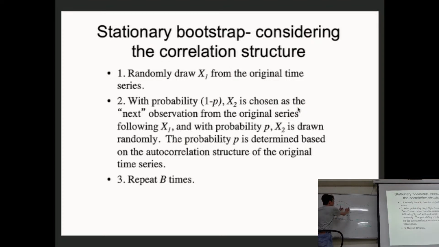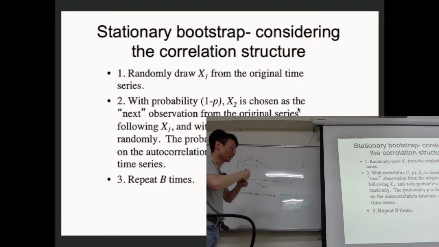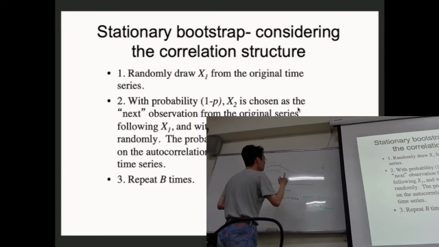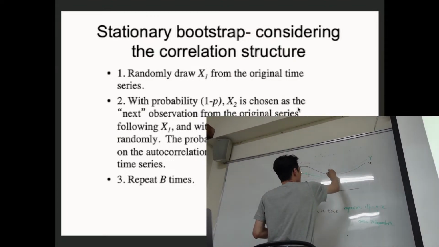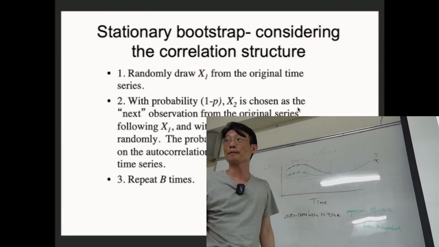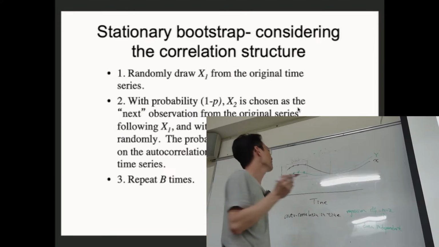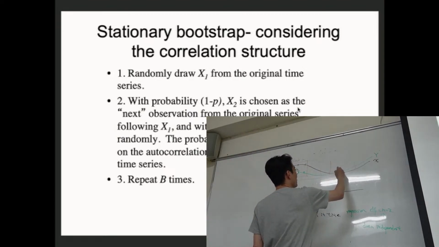Instead of deciding on blocks and choosing blocks, what the stationary bootstrap does is this. I randomly choose a starting point as the first step. Then there's a certain probability I choose the next one, next one, next one.